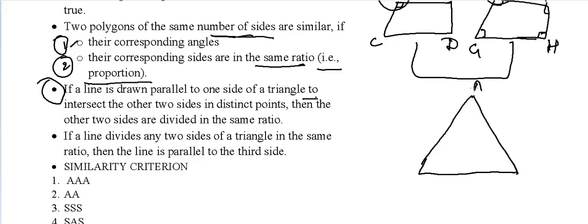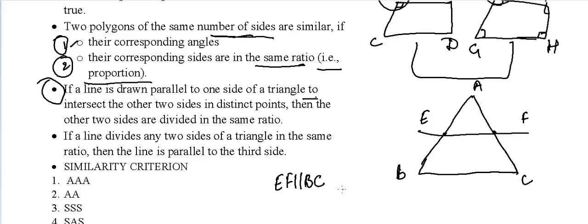If you have triangle ABC, and I draw a parallel line here, let it be EF. This point is E and this point is F. You say EF is parallel to BC.